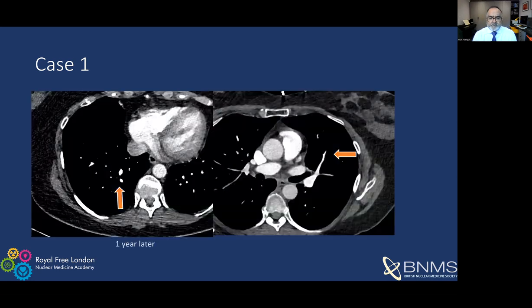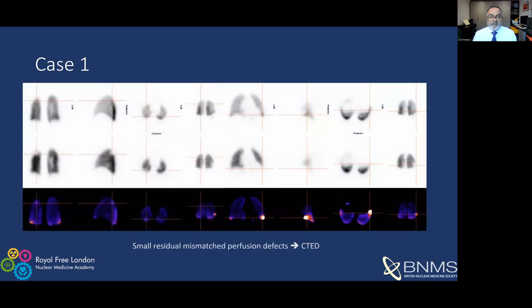A year later, the patient was still breathless, and we repeated the CTPA, but unfortunately, actually, as expected, those pulmonary emboli have resolved and are no longer visible. However, we also did a VQ scan, and you can see that there are small subsegmental mismatched perfusion defects here in the right upper lobe, and also here in the left lung base.